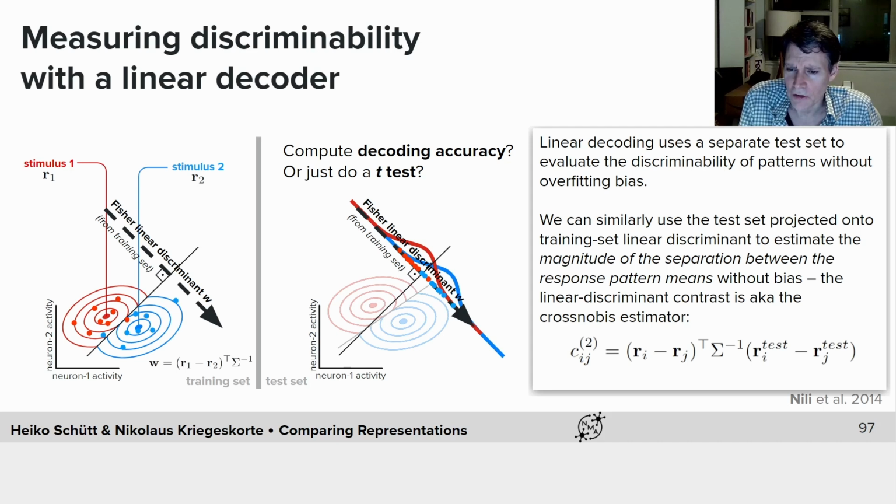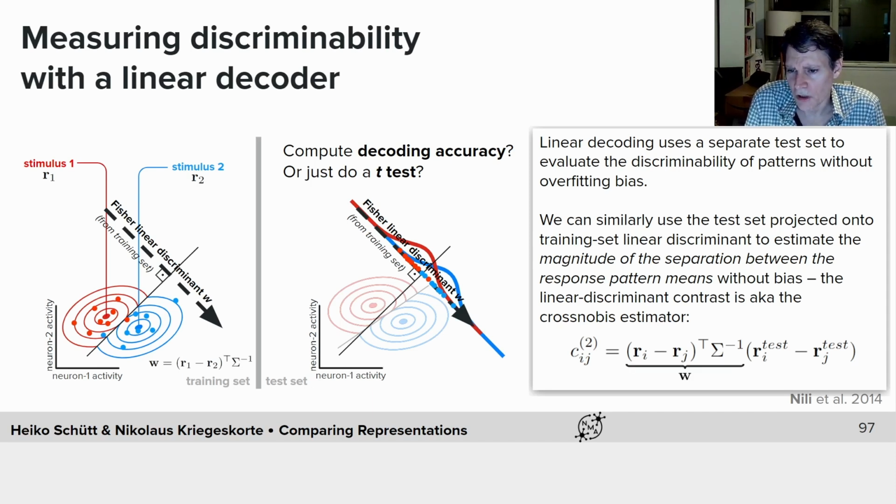So here's the definition of the cross-Nobis estimator. You will see that this looks just like the squared Mahalanobis distance. However, you got this indication that the two response patterns, Ri and Rj, on the right side are from the test set. That's why it says test there.